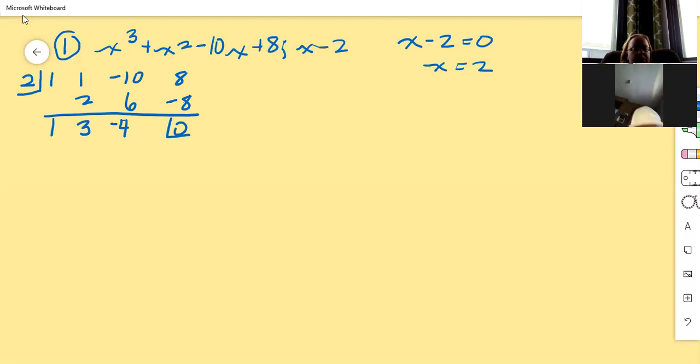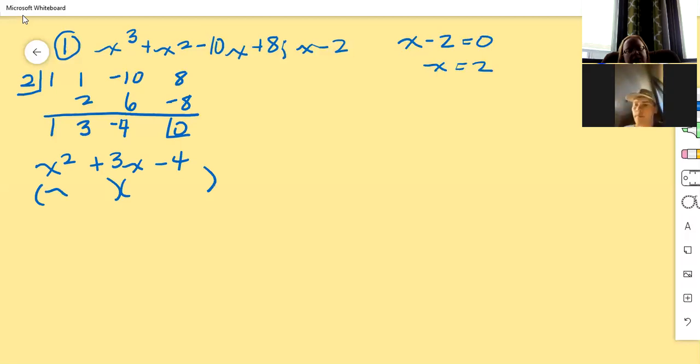If I convert this back to a trinomial, this is going to be x squared plus 3x minus 4, and then we're going to factor this. So we get x and x. The factors of negative 4 are negative 1 and 4, and then negative 2 and 2.